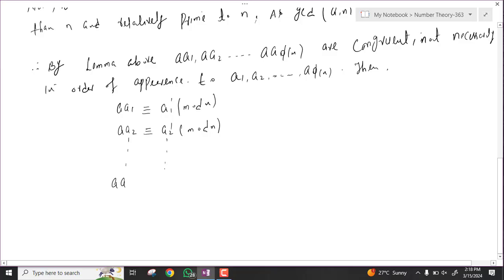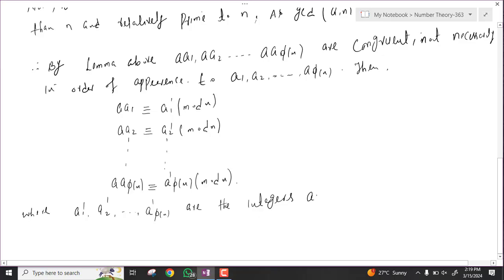AA phi of n is congruent to A dash phi of n modulo n, where A1 dash, A2 dash, and so on, A phi of n dash are the integers A1, A2, and so on, A phi of n in some order.